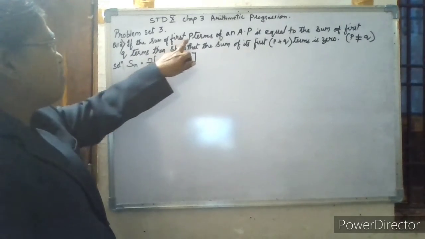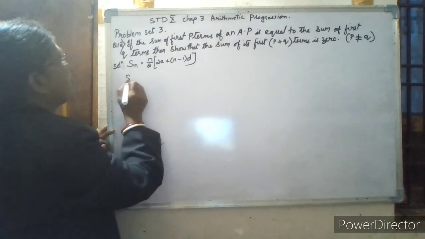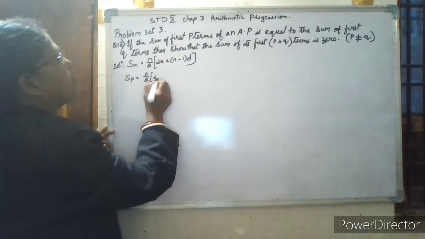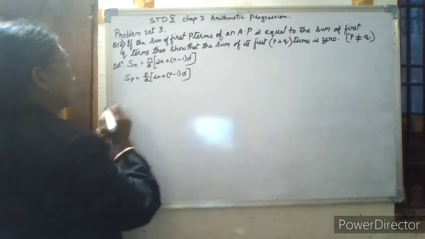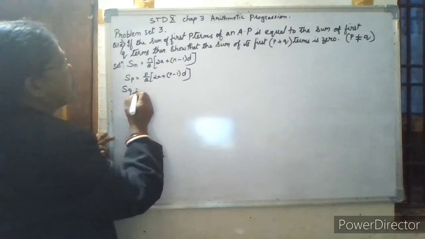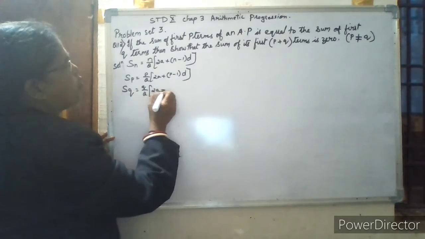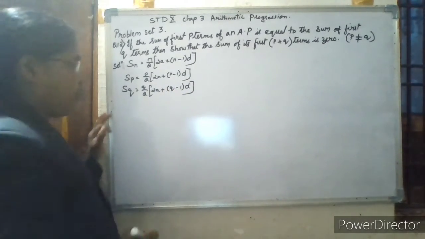Now the sum of p terms will be p by 2 into 2a plus p minus 1 into d, and the sum of q terms will be q by 2 into 2a plus q minus 1 into d.